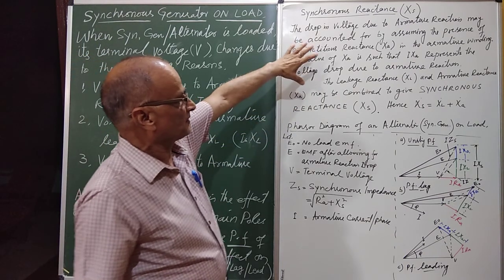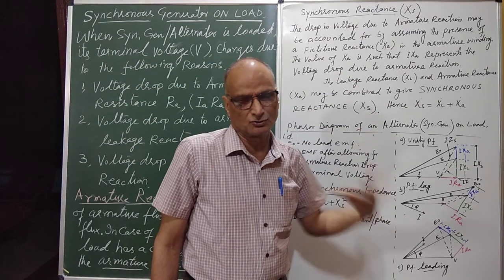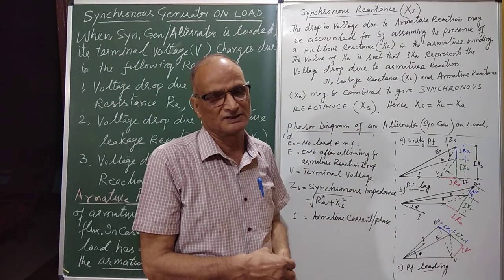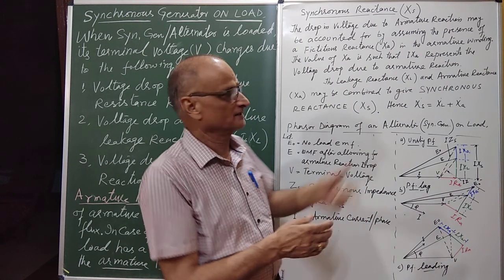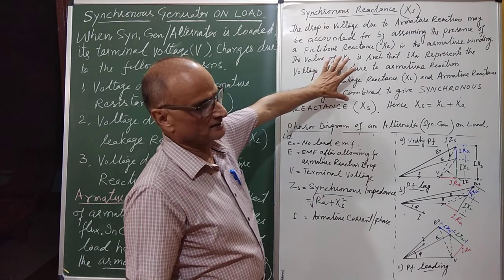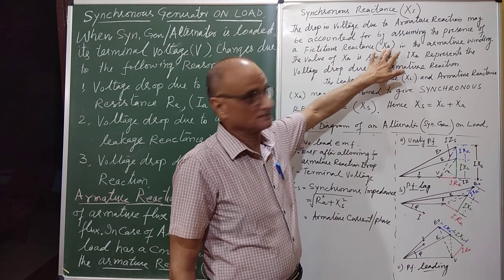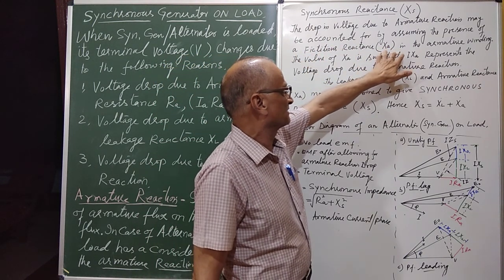So voltage drop due to armature actions may be assumed as a presence of a fictitious reactance. It is not the actual reactance, fictitious means जाली. कोई नाम रख दिया इसका कि fictitious reactance है जिसकी वजह से ये ड्रॉप हो रहा है due to armature action. And fictitious reactance name is given as XA.